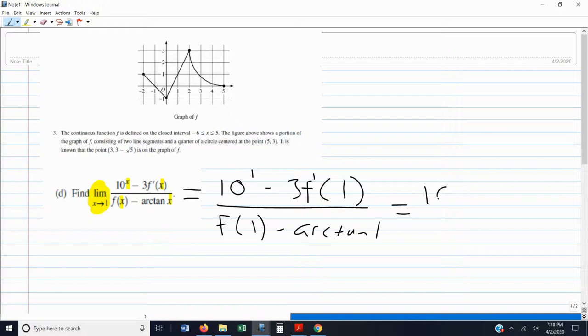10 to the first is 10 minus 3. And then f prime of 1 means that you're looking at the f graph, but we're looking for the derivative. And the derivative is the slope of the tangent line, or if you want to just think of it as the slope, that is fine too. So when you go to an x value of 1, it's linear.